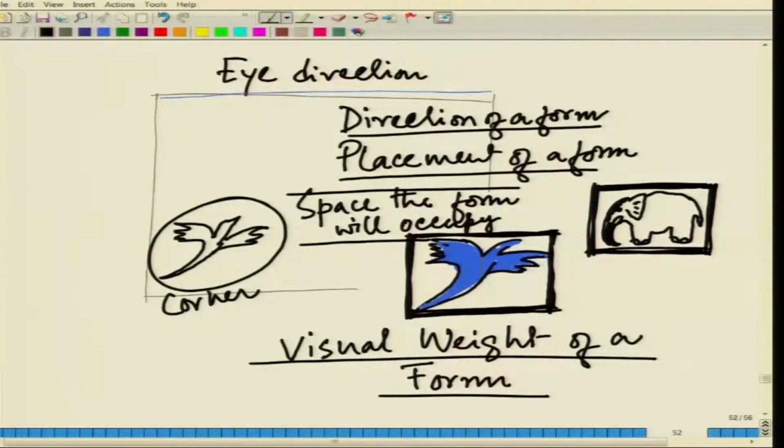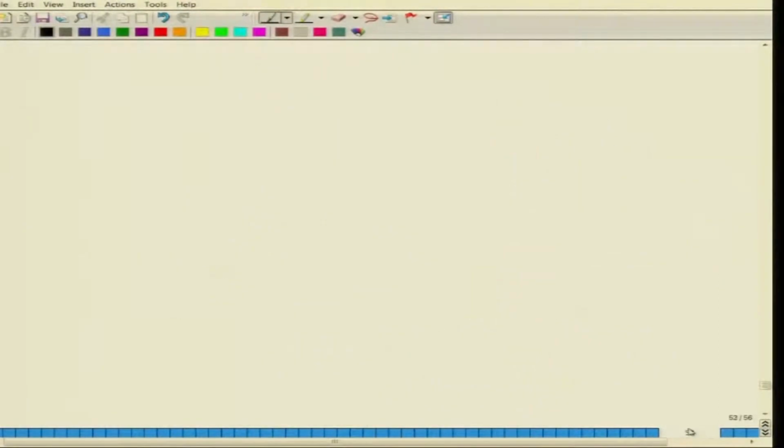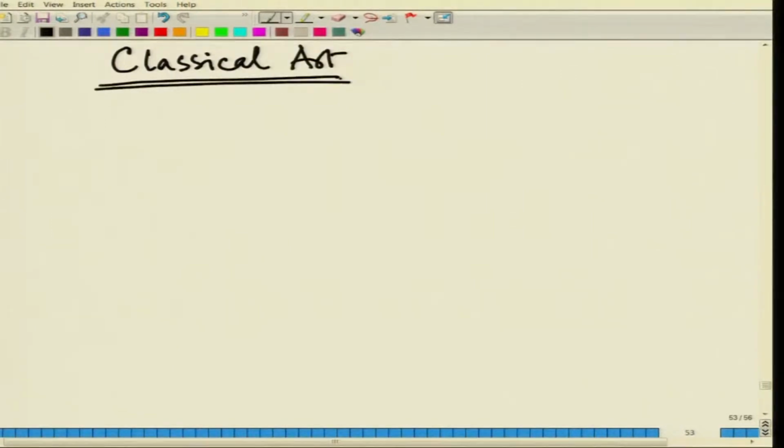Now, stability and being static is not the similar word, we will come to that. So, images from classical art have a static quality in them. There is stability that is also brought in dynamism.